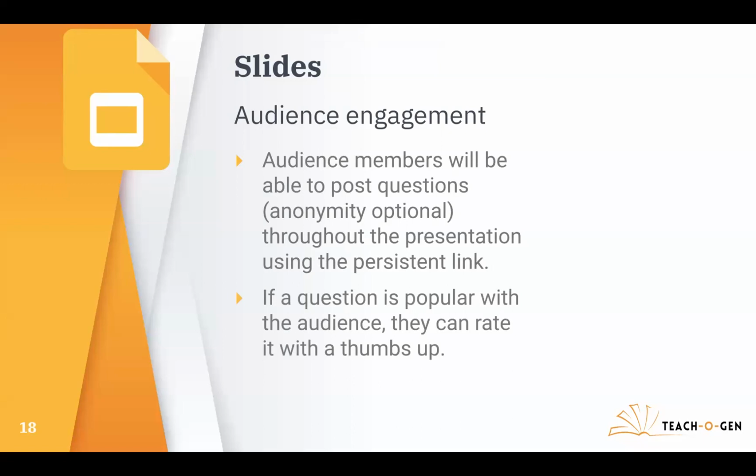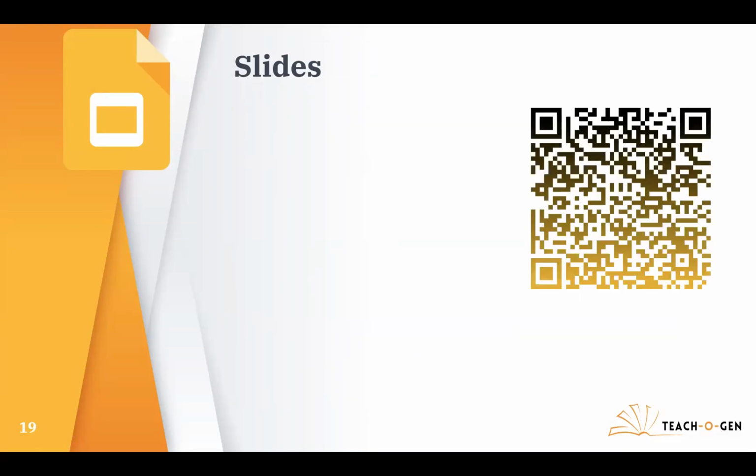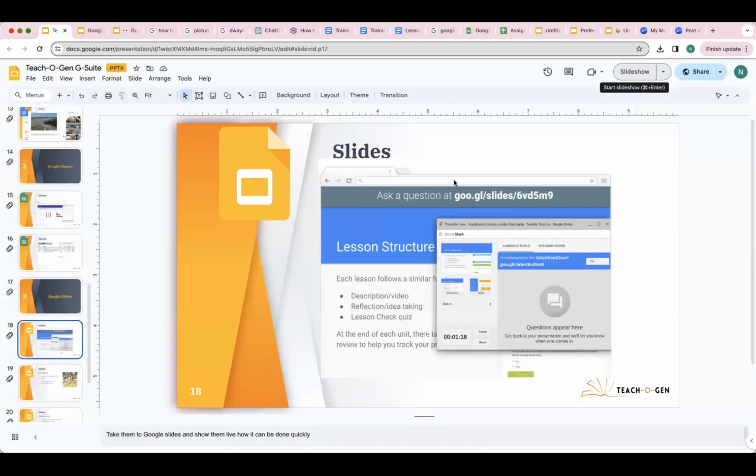If a question is popular, because every audience member wanted to ask that, they can rate it by clicking thumbs up, so the presenter can see that this question is asked by many. Now let's have a look at the asking-questions feature in Google Slides.